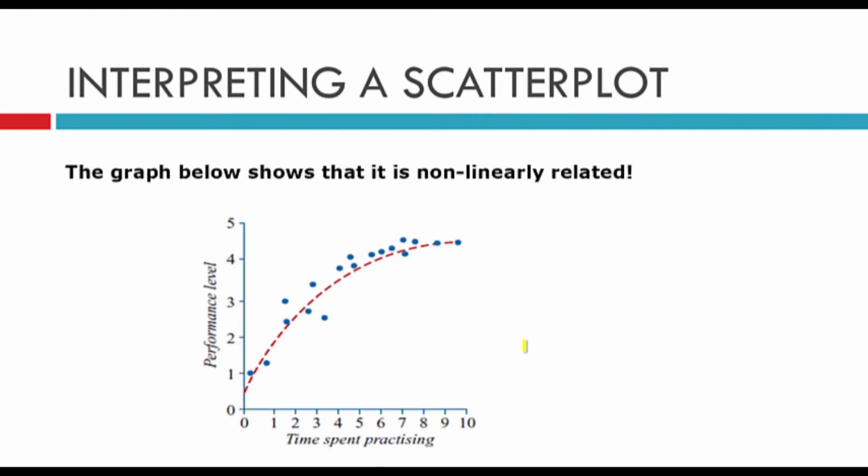But this one that we see is non-linearly related. We can see that clearly the line suggests that it is a curve, and you can see it right there. It's a curve there, so this is a non-linearly related graph.